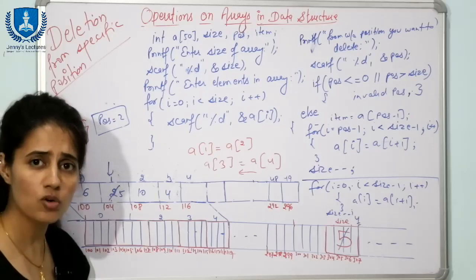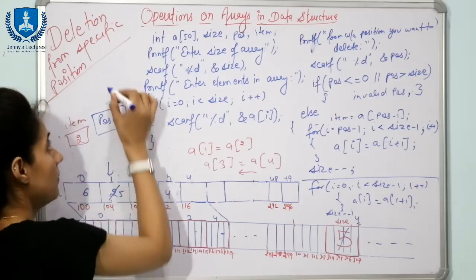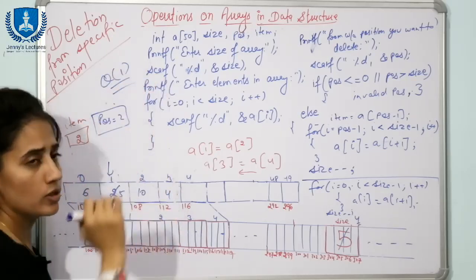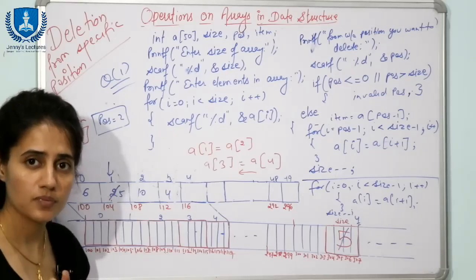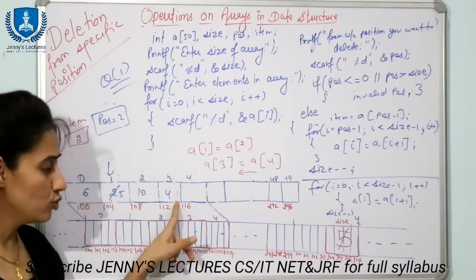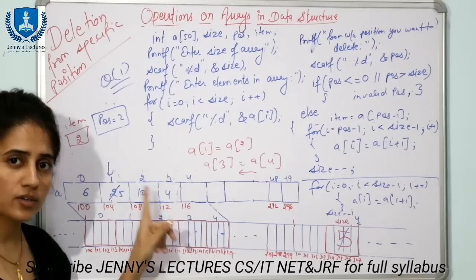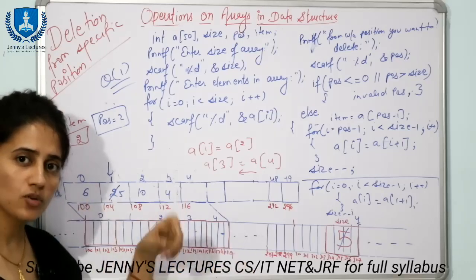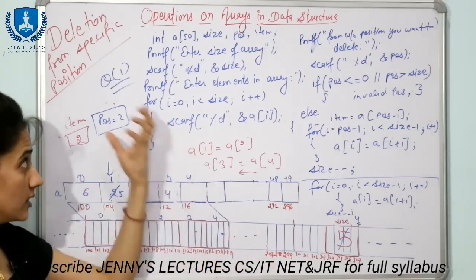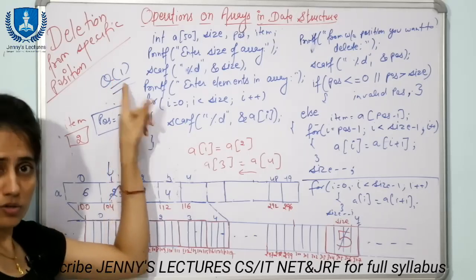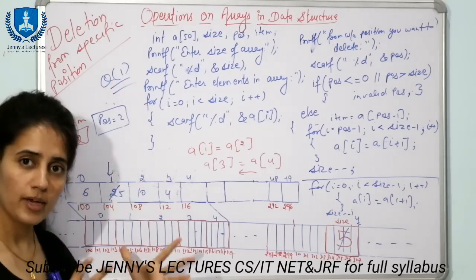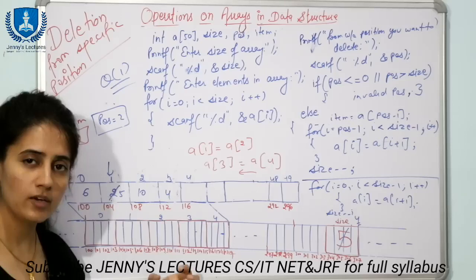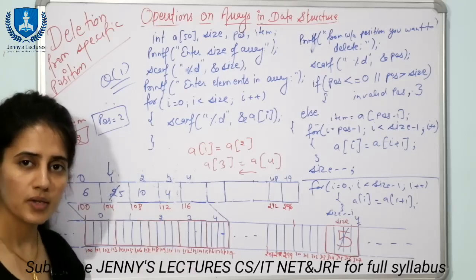So the best algorithm will take theta 1, or order of 1, but the condition is that the array should be unsorted. Here we are taking a linear array, or 1D array, that is unsorted. In that case the best algorithm would take constant time to delete the data from the beginning, from any specific position, or from the end.